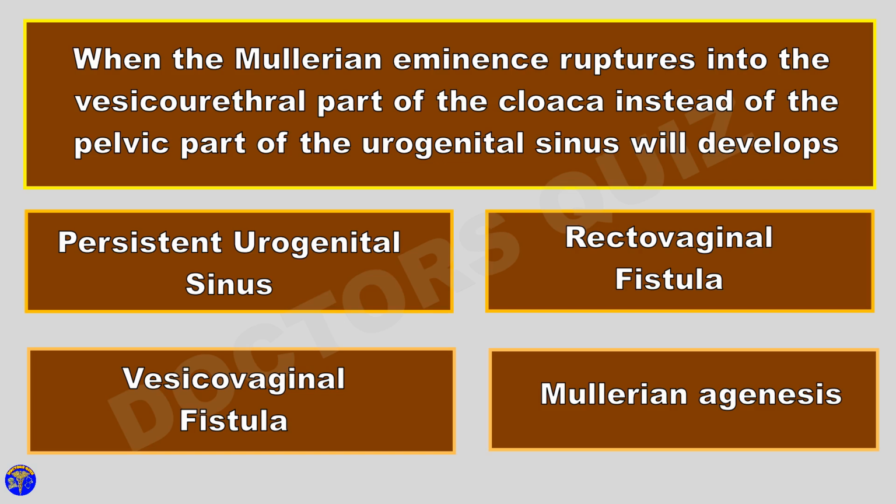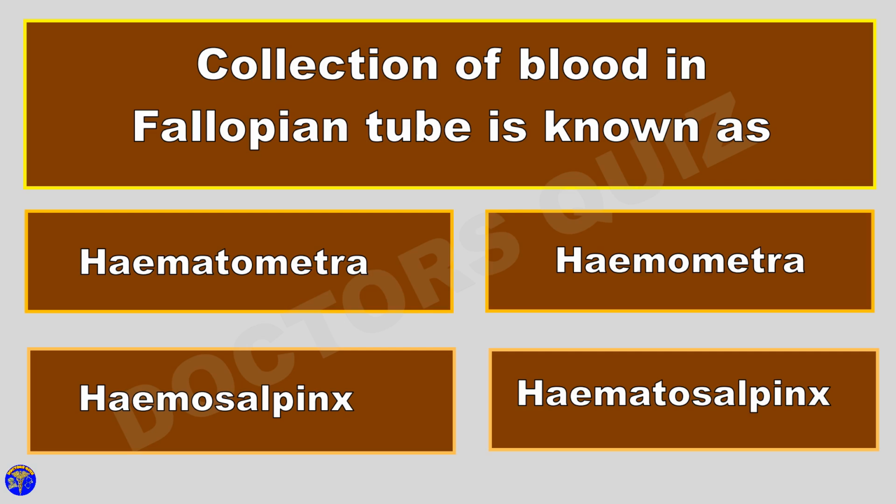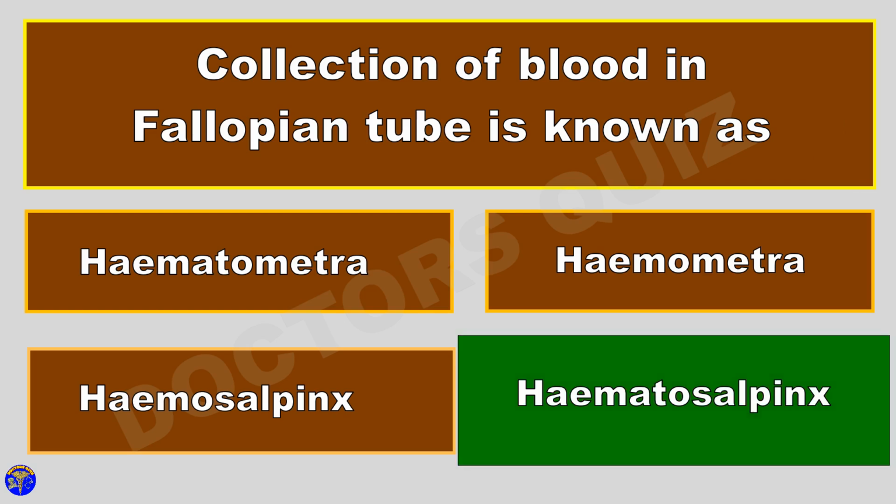When the Mullerian eminence ruptures into the vesico-urethral part of the cloaca instead of the pelvic part of the urogenital sinus, will develop vesico-vaginal fistula. Collection of blood in fallopian tube is known as hematosalpinx.